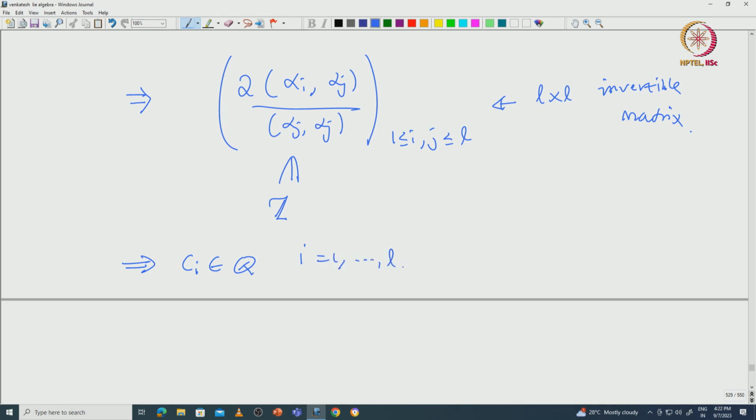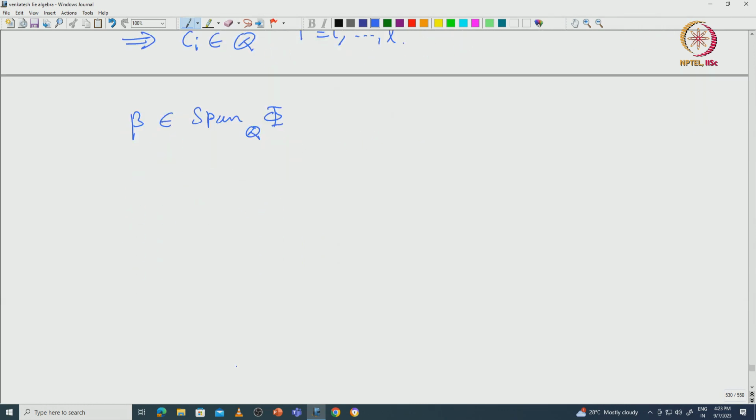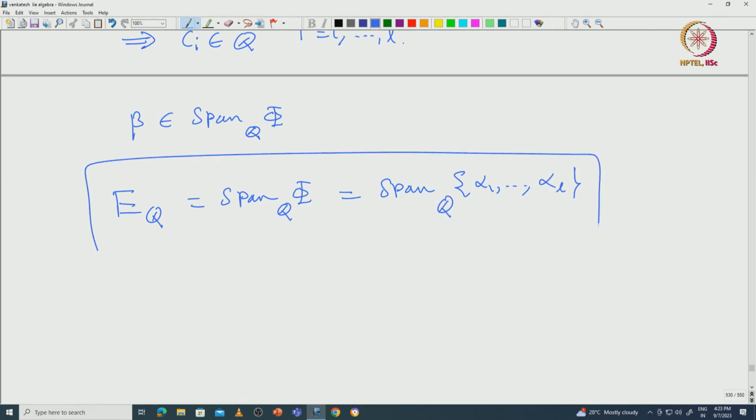So, what we have proved is, given any beta, beta must be inside the span of phi over Q. If we denote E_Q by the span of phi over Q, then you can see that this E_Q is also the same as the span of alpha_1 etcetera alpha_L over Q. So, this is a very important Q-subspace of our H star.